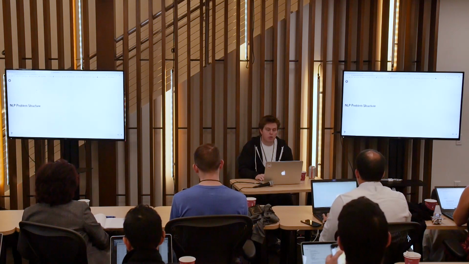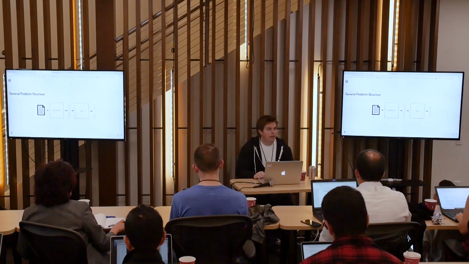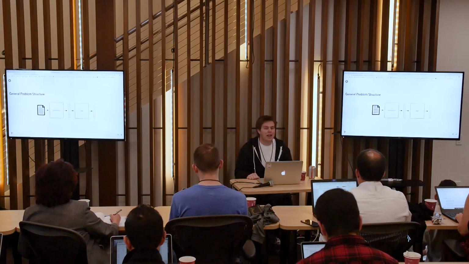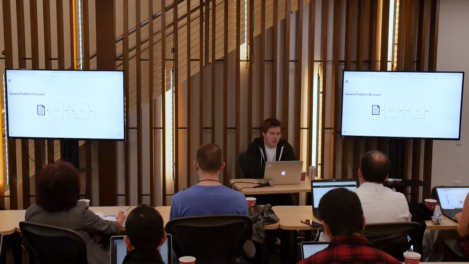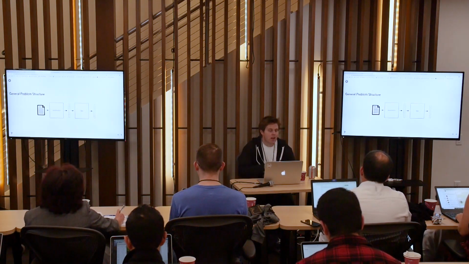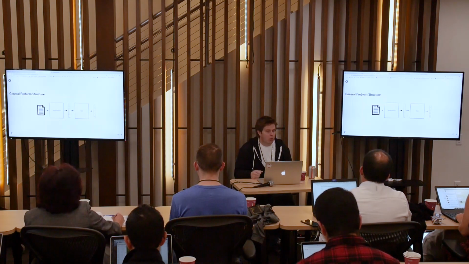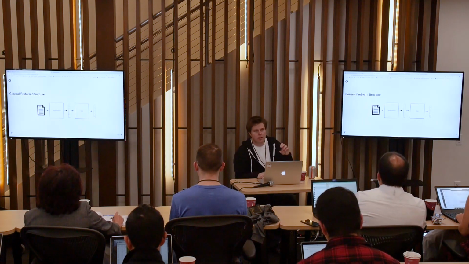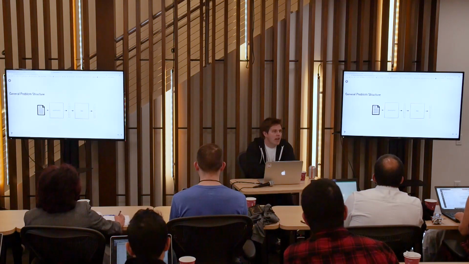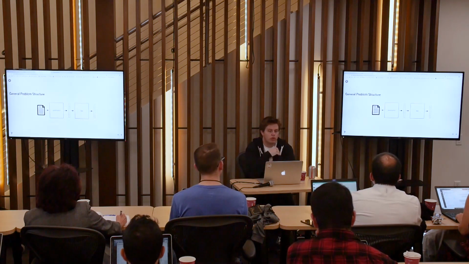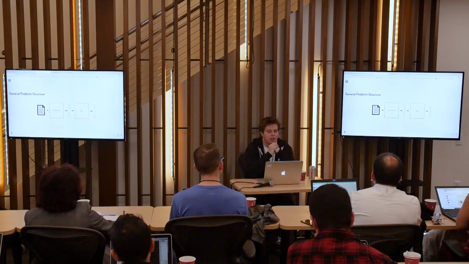Cool, so on to NLP problem structure. And I apologize to folks that work in NLP because this may come off as a gross oversimplification of problems in the natural language processing space. But from a really general standpoint, you might say that you start out with some sort of document and you want to perform some task on this document. In traditional machine learning, you would walk through this long-winded process of feature engineering.